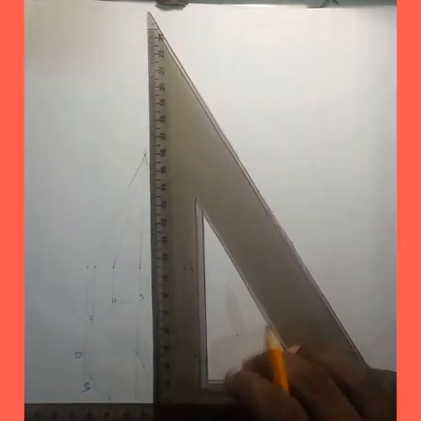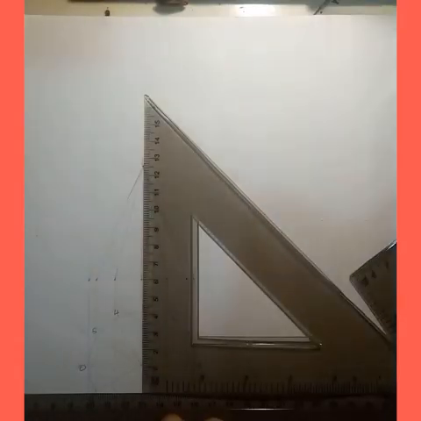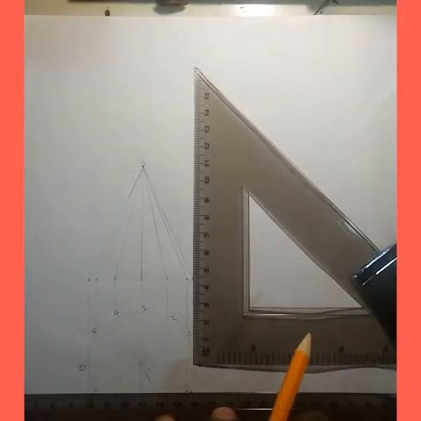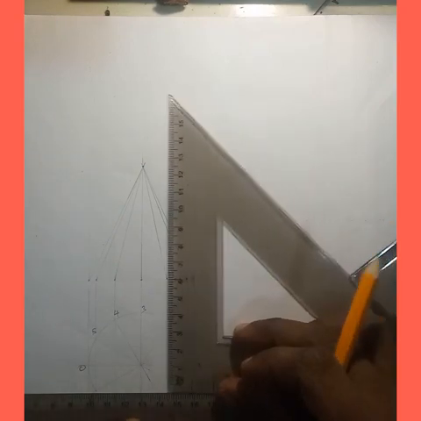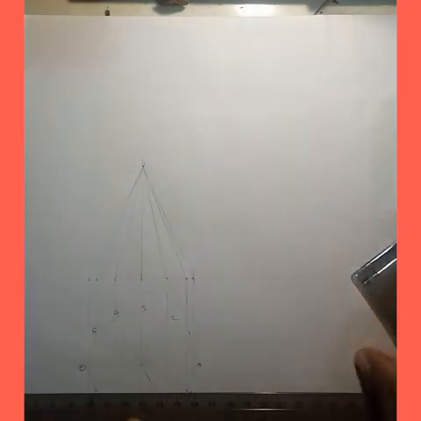Now we need to take the section plane. We've been told that the section plane is at an angle of 30 degrees to the horizontal plane. So now take your ruler. After pressing your ruler, you take your set square, ensure that it is vertical. Once it is vertical, you now take your 30 degree set square.